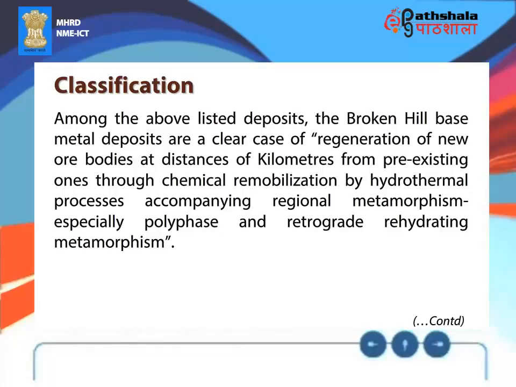Among the above listed deposits, the Broken Hill base metal deposits are a clear case of regeneration of new ore bodies at distances of kilometers from pre-existing ones through chemical remobilization by hydrothermal processes accompanying regional metamorphism, especially polyphase and retrograde rehydrating metamorphism.